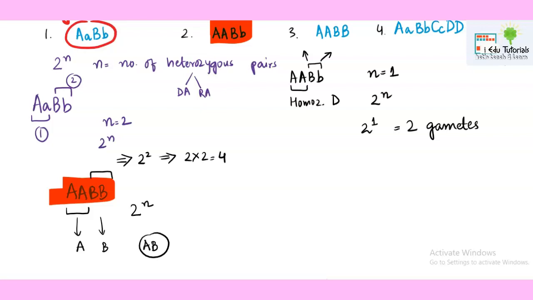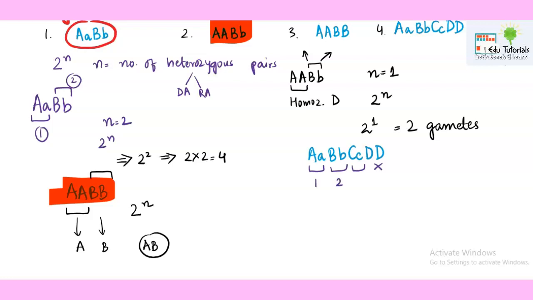Now let's see another case which is capital A, small a, capital B, small b, capital C, small c and capital D, capital D. Now we will see how many heterozygous pairs are there. This is 1, 2, 3, and this is not heterozygous because it contains 2 dominant alleles, which means a homozygous dominant condition.